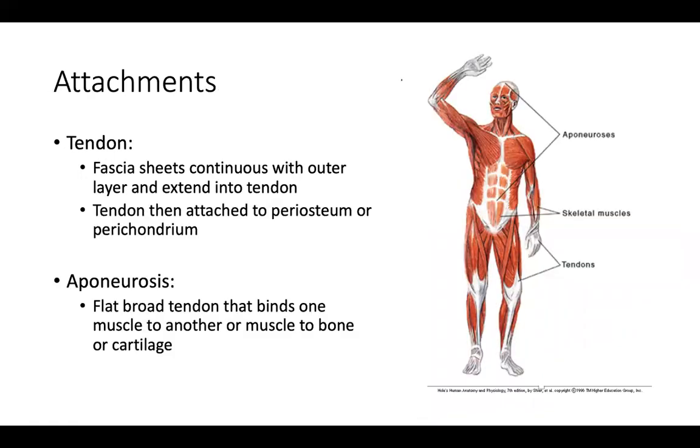All right, tendons. We've been through tendons before as far as talking about them attaching muscle to bone. The fascial sheaths are continuous with it, and we remember that the tendon actually attaches to the periosteum or perichondrium if it's not to a bone but some cartilage, right, cartilaginous tissue instead of direct attachment to bone.